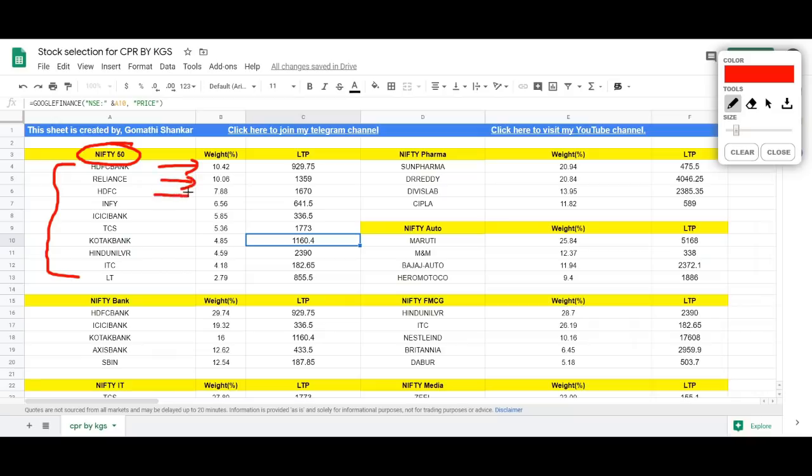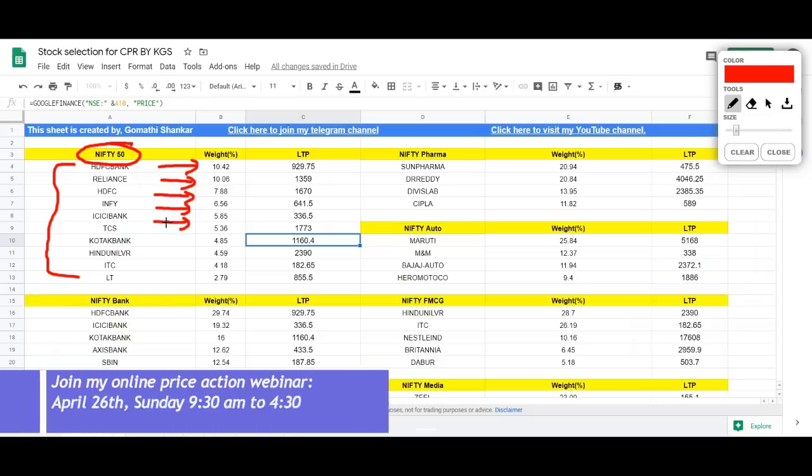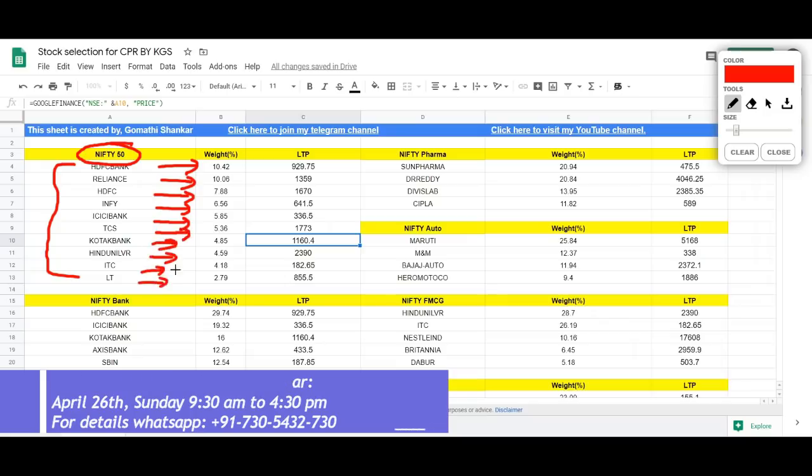All this weightage I took from the NSE India website, for each and every index, and I prepared this sheet. I have already given this sheet to my students, and now I am giving it absolutely free to all my followers. So based on weightage I have selected 10 stocks from Nifty.